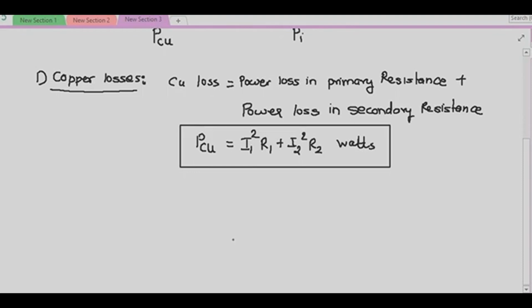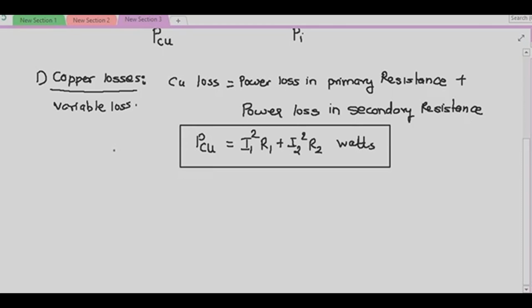Normally the copper loss should be kept as low as possible to increase the efficiency of the transformer. To reduce the copper loss, it is essential to reduce the resistance R1 of the primary and R2 of the secondary winding. As this loss depends upon the current, this copper loss is also called a variable loss.